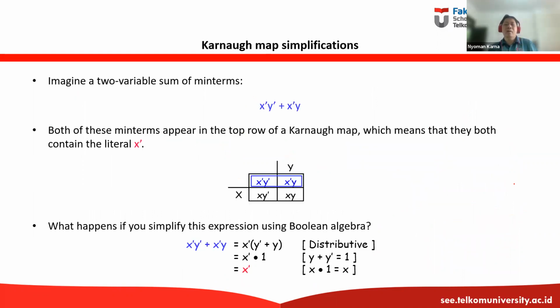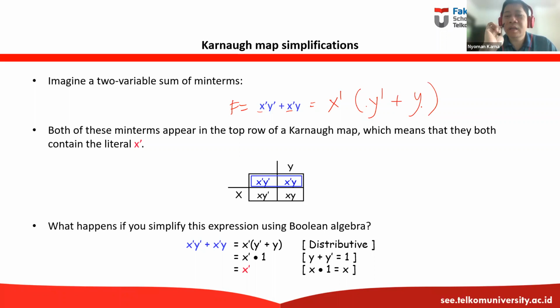Now, how can we use K-map for simplification? Remember about this function. Let's say we have x naught, y naught, and x naught, y. This is already in SOP. Then we can identify that, oh, there is a similar variable, which is x naught. So we can take out x naught and by using distributive law, this will become y naught plus y.